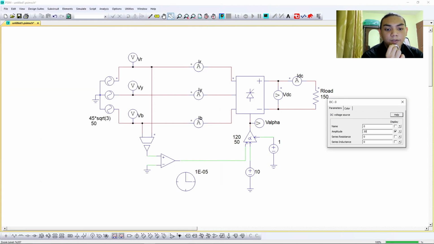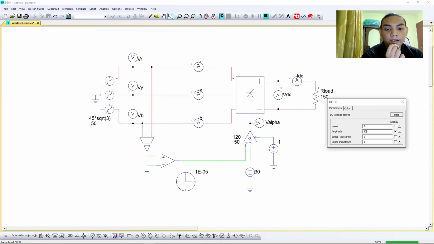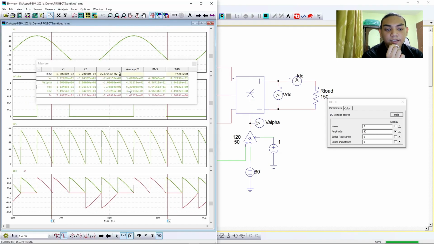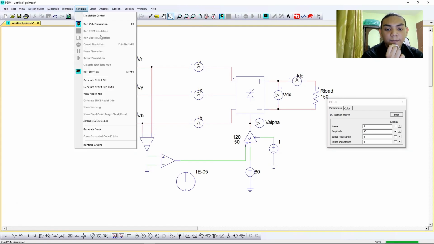Next, firing angle equal to 30. The value of VDC average is 91.0288. Next, firing angle 60. The value of VDC average is 52.0698. Next, firing angle 90.